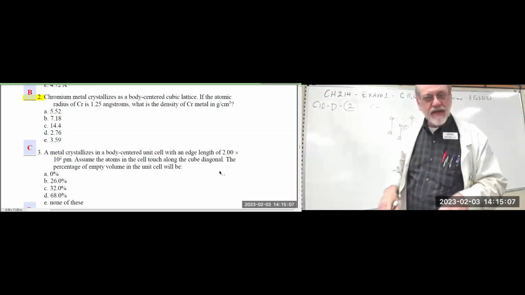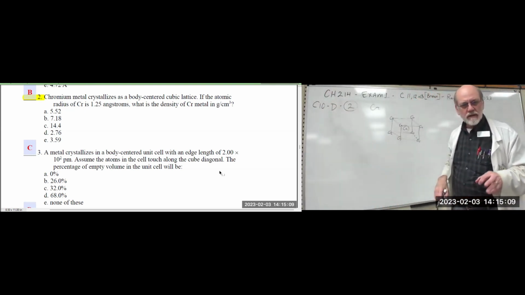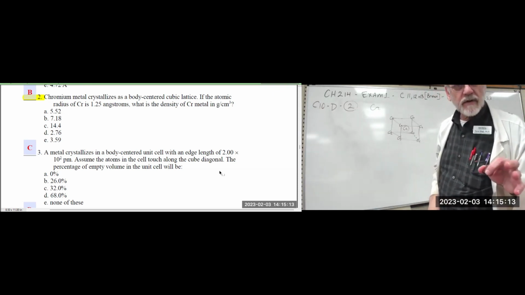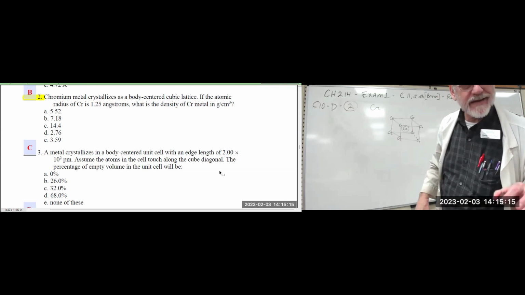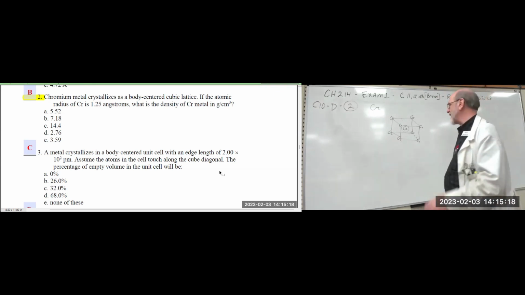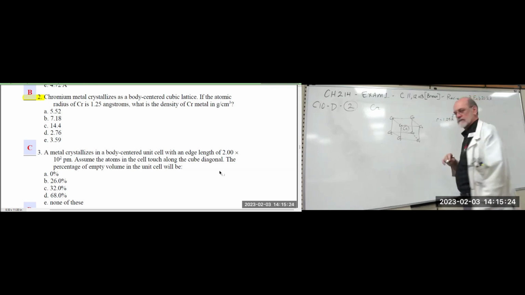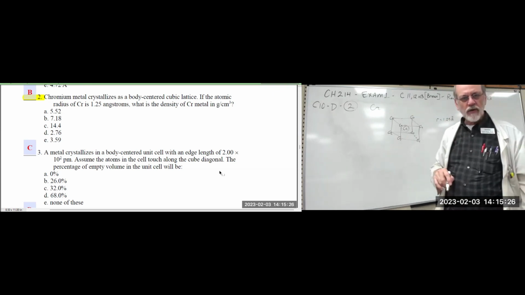All right. The edge length. Oh, excuse me. I was looking at the wrong one. If the atomic radius of chromium is 1.25 angstroms, so the radius is 1.25 angstroms. Okay. What's the density of chromium in grams per cubic centimeter?